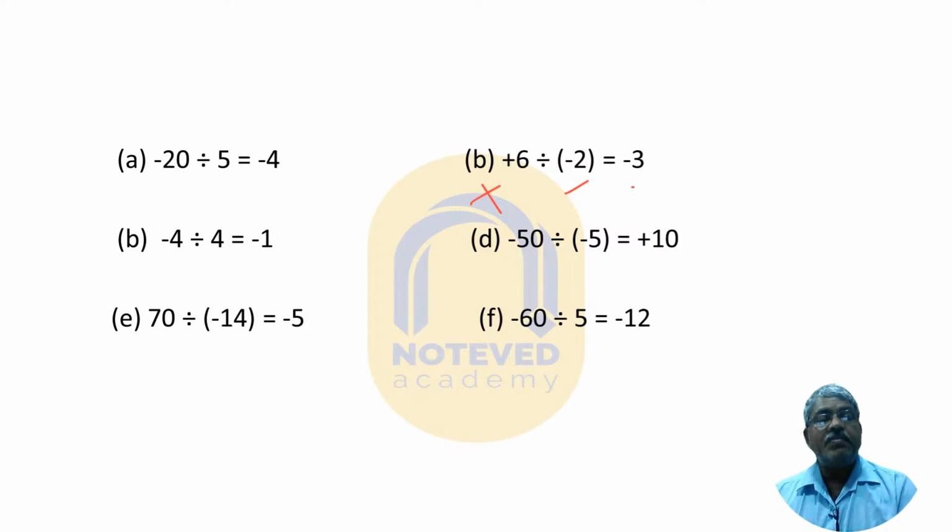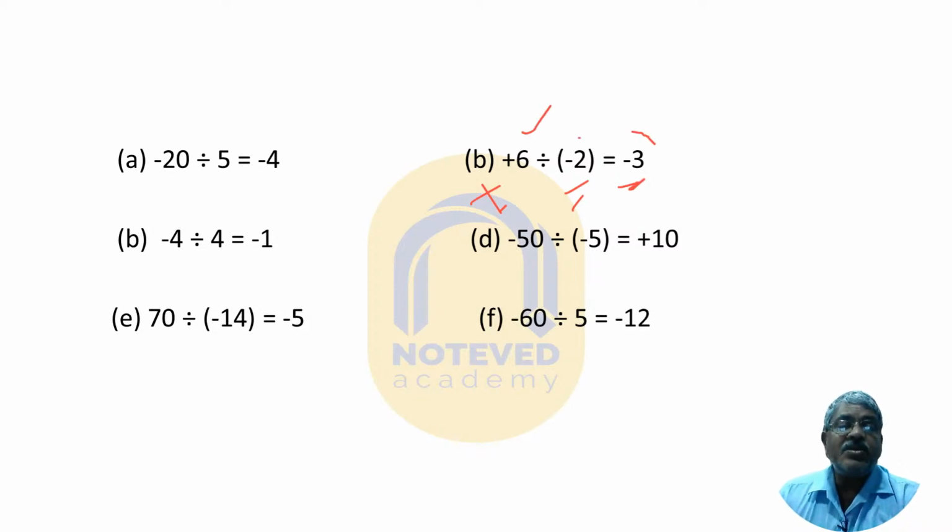When the first number is without sign or a plus sign number, then it is positive. So plus division minus is equal to minus. Here is minus 3. Clear?